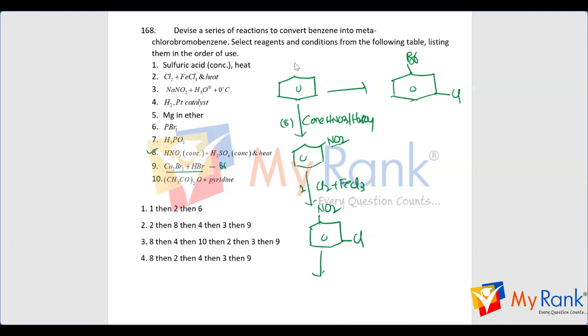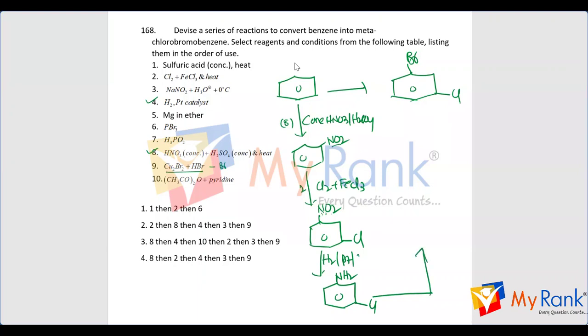And the next one: if you want to introduce bromine, the diazonium must be formed. NO2 is converted to NH2, and NH2 must be converted to a diazonium ion. So it is reacted with hydrogen and platinum catalyst. When hydrogen platinum catalyst is taken, this chlorine remains the same and this one is converted into NH2.